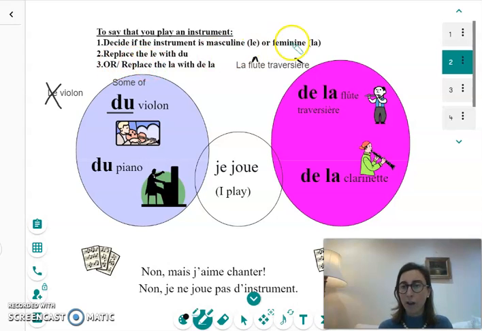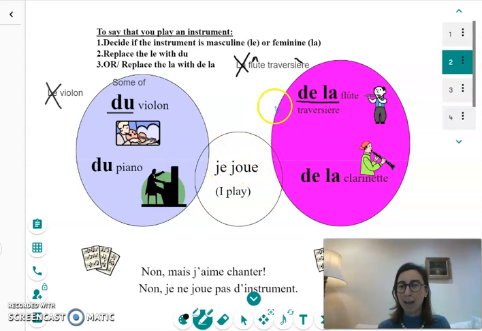So if it's a feminine noun with la, so remember ladies is an English word for an English feminine word. So la is very easy for us to remember that la before words in French means the, but for feminine words. So you need to replace the la with de la. So we're going to cross out la, and we're going to remember to use de la.